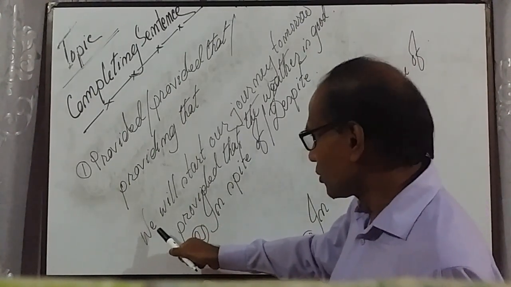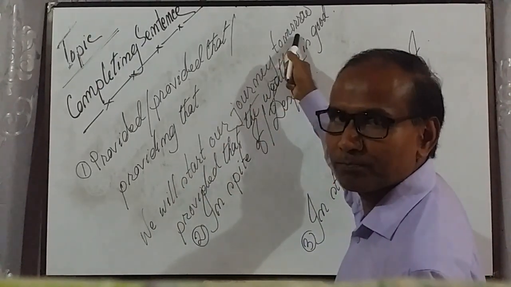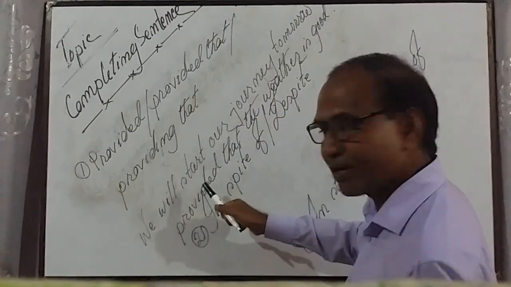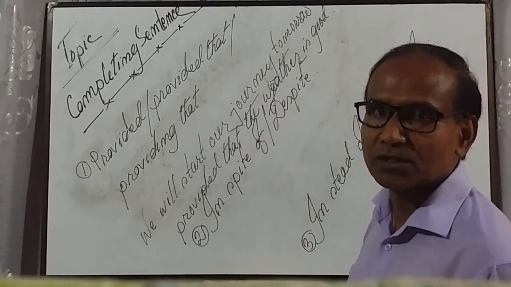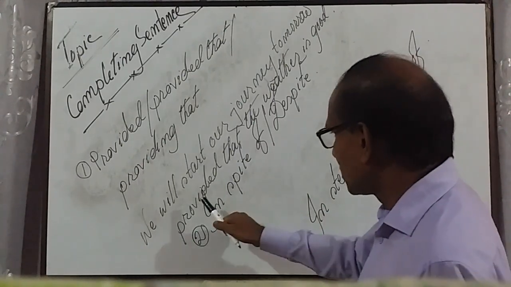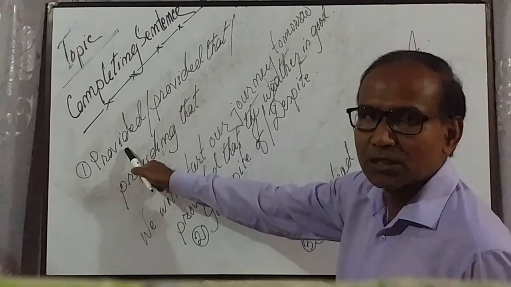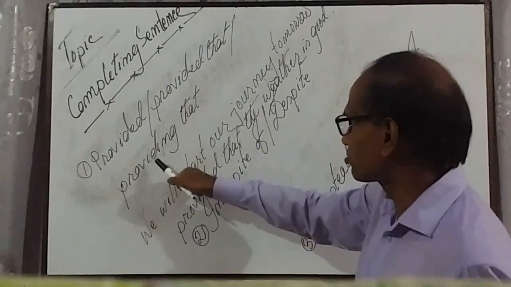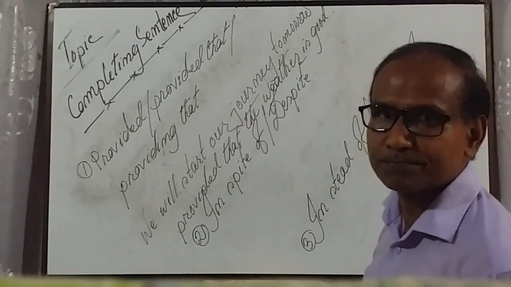We will start our journey tomorrow. It's confirmed, definitely, if the weather is good. Have you got my point? Provided that means if. Providing that means if the weather is good.